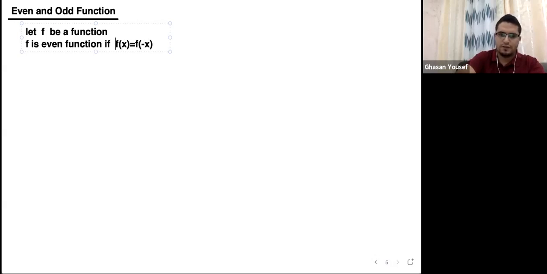If this rule is satisfied for the function, we say the function f is even for all x in the domain.